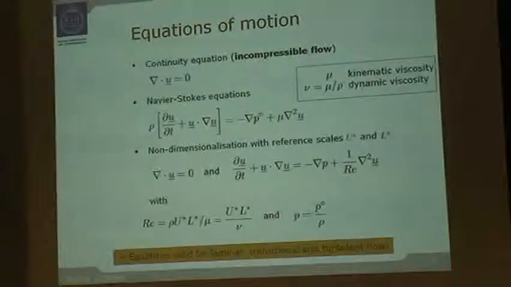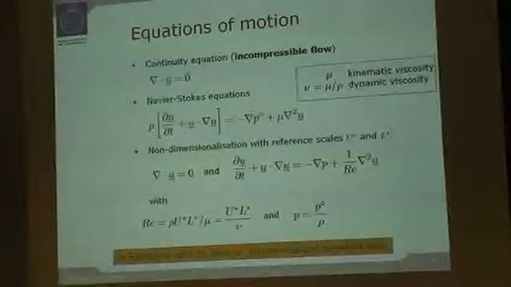So now let's go a little bit more into the details of the equations. This is essentially the same slide as Henrik was showing, just the basic governing equations for incompressible flow. So we have the continuity equation, which is the conservation of mass.